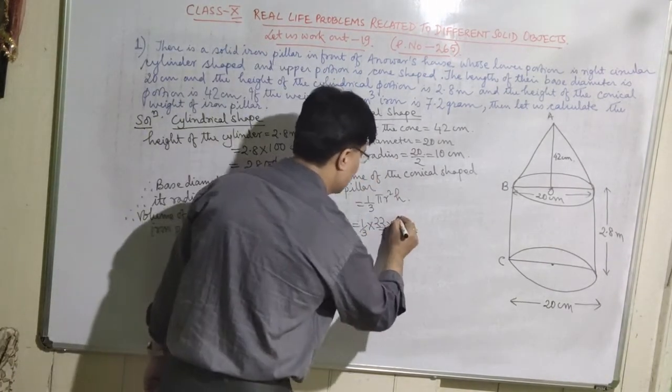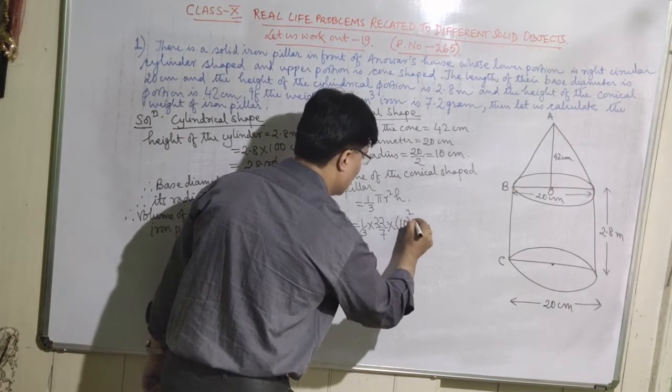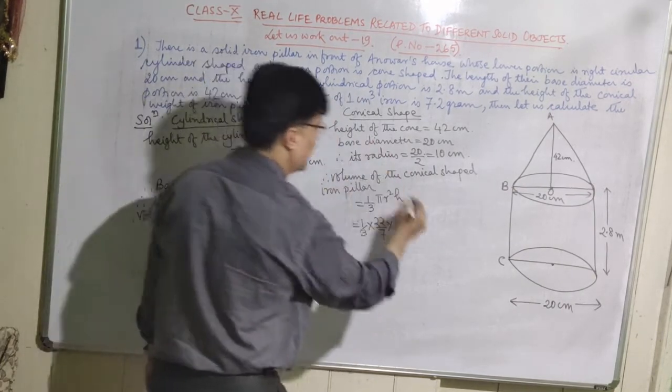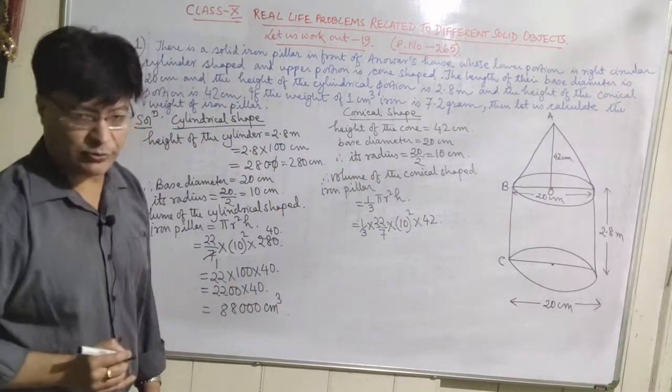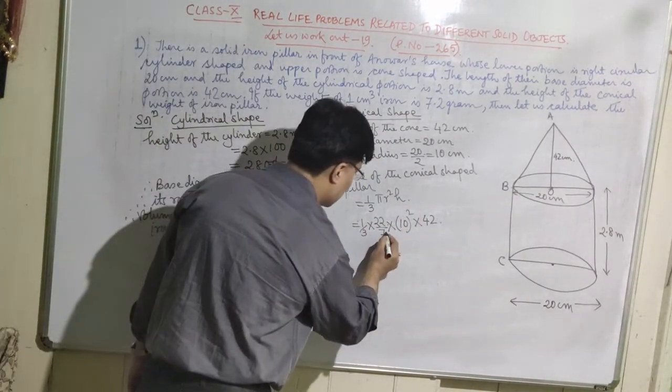It is radius, that is your 10 whole square. And what is the height? Height is 42. Okay, so you can cancel here.